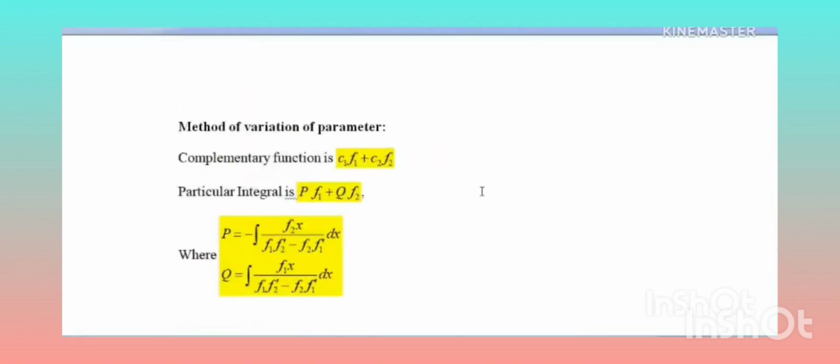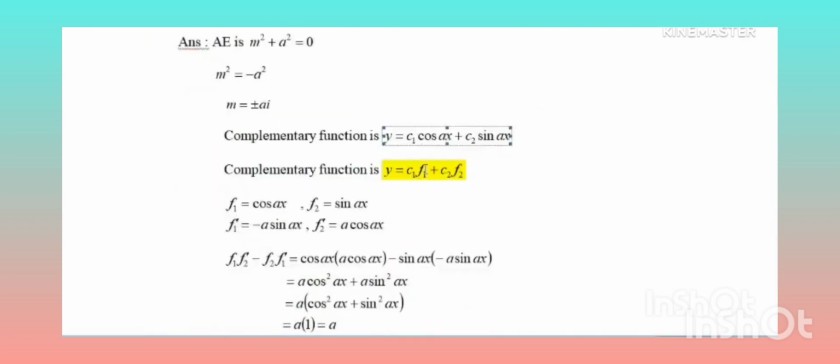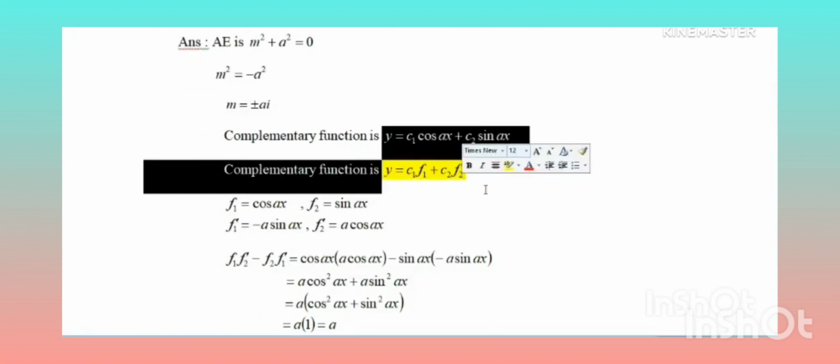But in the beginning, I explained that the complementary function is C1 F1 plus C2 F2. Compare these two equations: for F1 there is cos ax, and for F2 there is sin ax.